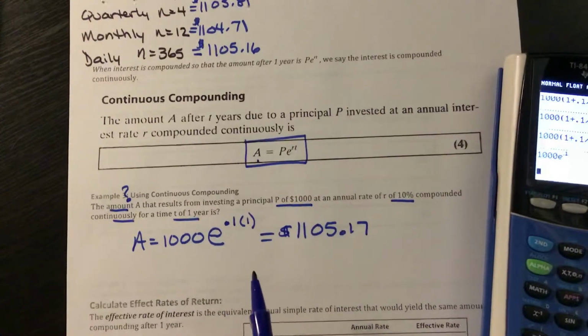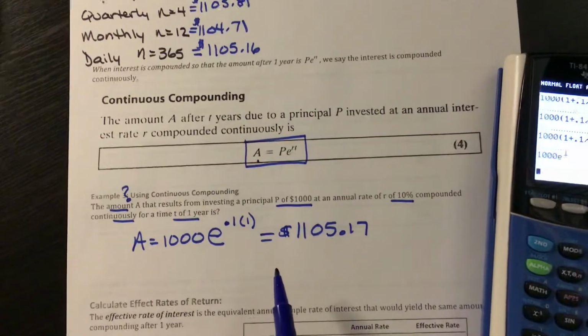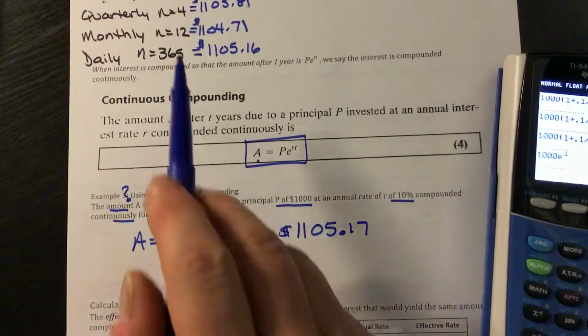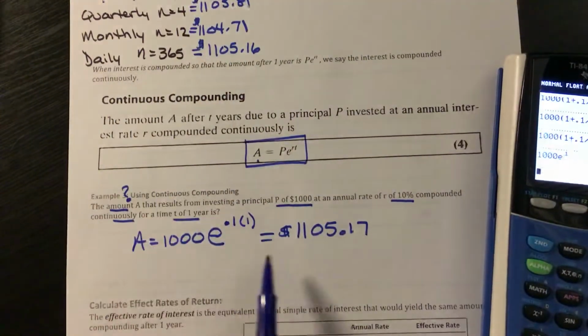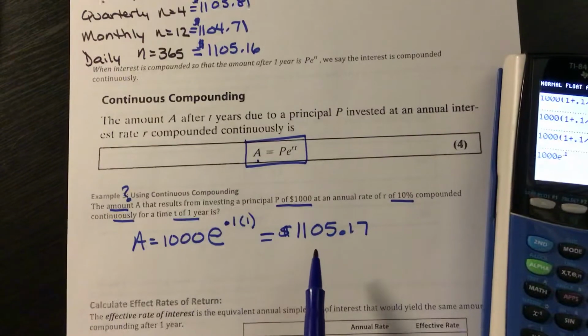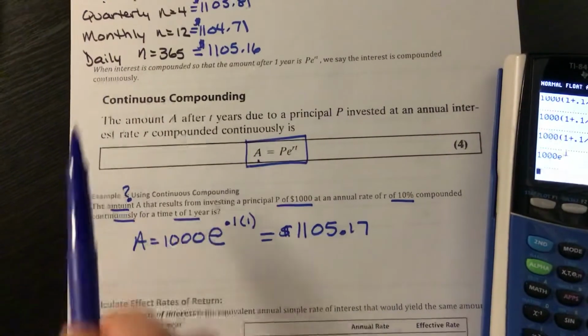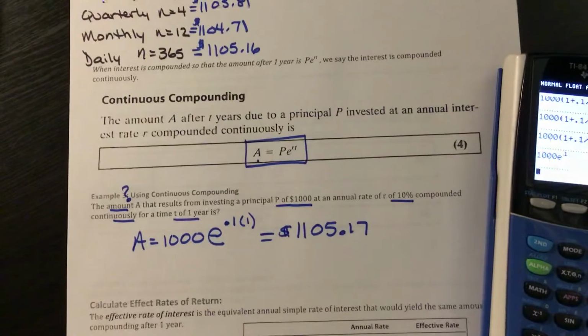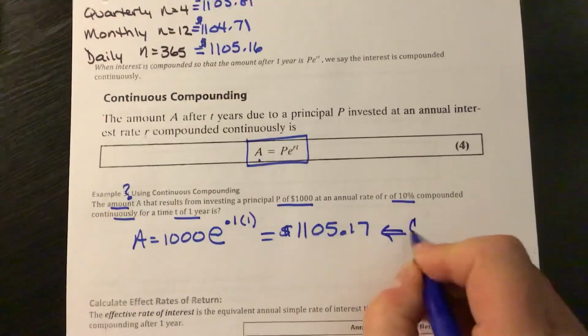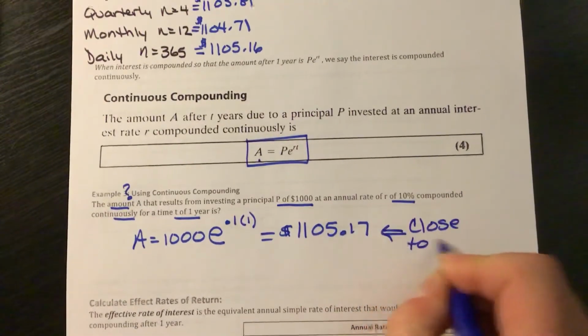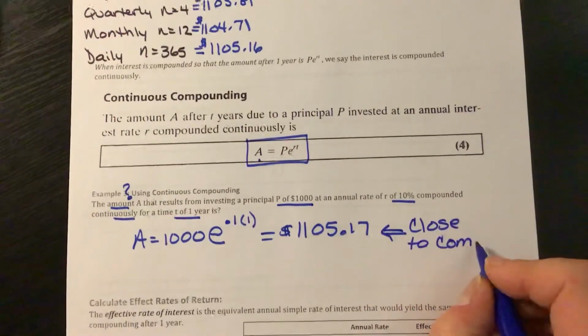But for a modest amount of money, you know, you have a generous grandma that gives you $1,000 to invest, and you put it into an account with these conditions. If it's in an account that's compounding continuously, that's like every day they're putting interest in there, and you're getting interest on that interest. So I just want to make a note, this is close to compounding daily.